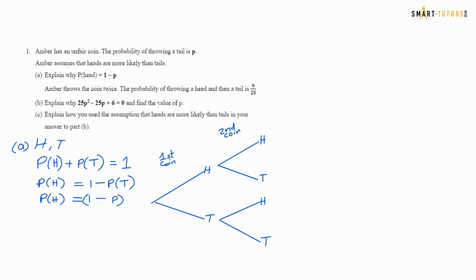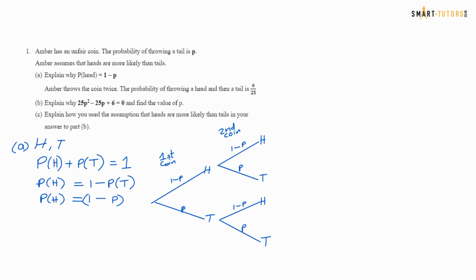So probability of head is 1 minus P and probability of tail is P, right? So the probability is given, I already marked it here, since Amber throws the coin twice, so here 1 minus P, and here 1 minus P and P.